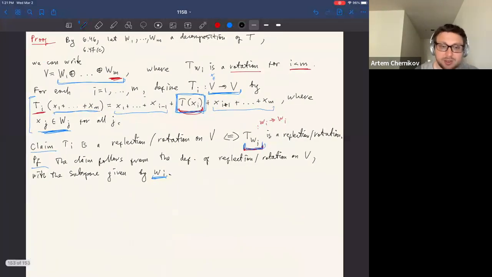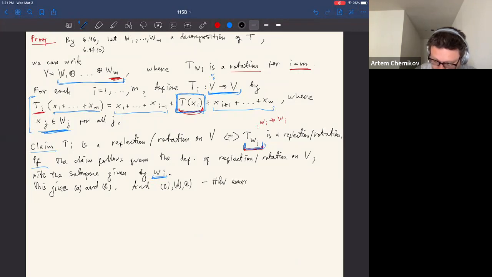Okay, so the claim gives A and B. And now parts C, D, E are on the homework. So this is a homework exercise. The main point is to realize that in fact we can write T as a composition of the Ti, but this you can see from the definition.